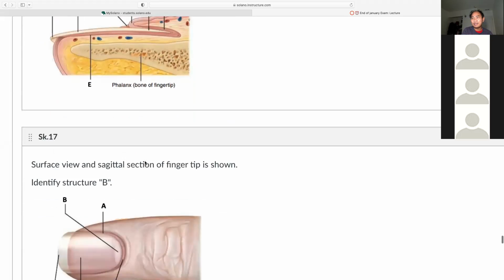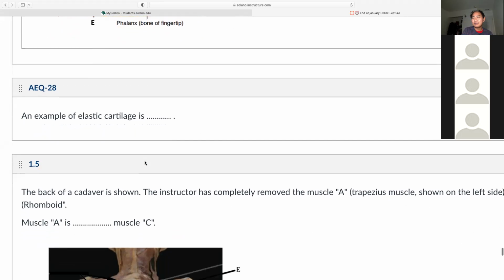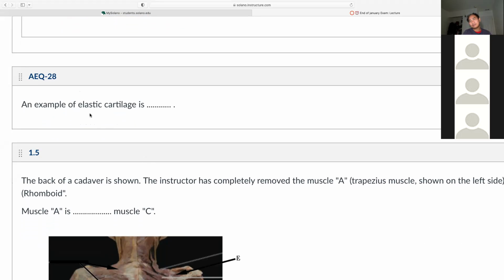Another nail anatomy question. Elastic cartilage, for example, what are ears? There are 3 types of cartilage: elastic cartilage, hyaline cartilage, and fibrous cartilage. Elastic cartilage means the property is elastic. Elastic means you can deform it, and if you release the deforming force, it will go back to its original position.